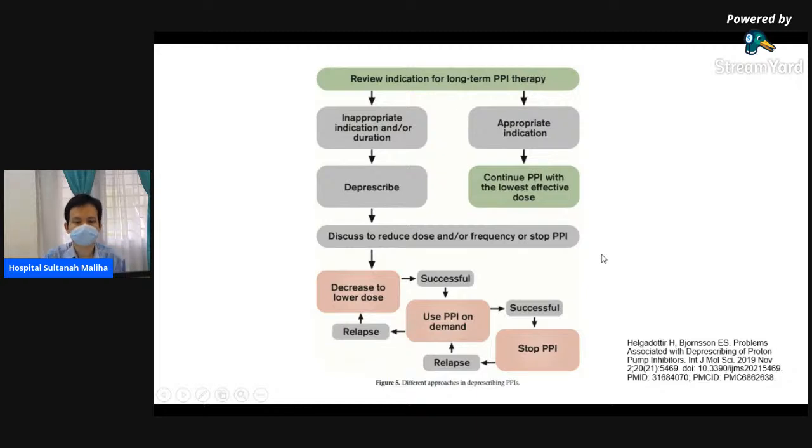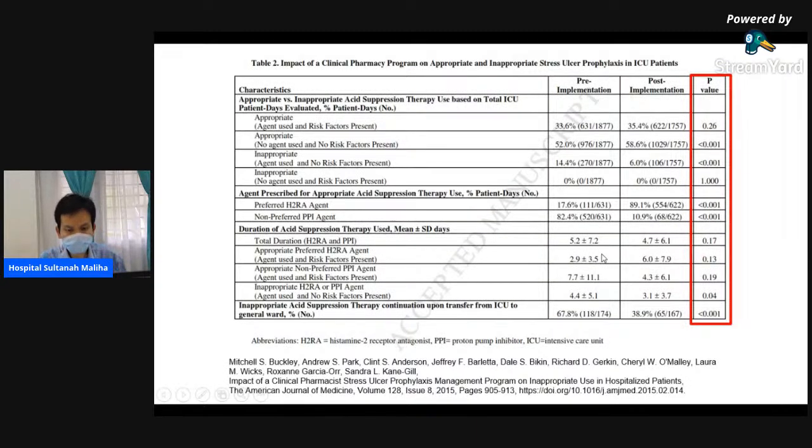So when we talk about interventions, if you are able to do proper interventions on stress ulcer prophylaxis management for inappropriate use in hospitalized patients in ICU, this is an ICU study that conducted intervention programs by pharmacists in the ward. They found very significant results when we did some interventions.